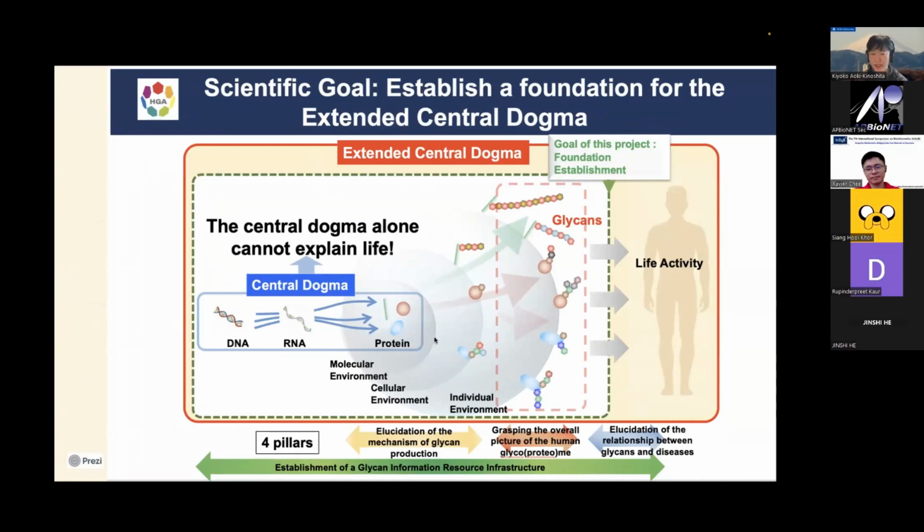Of course, there's RNA and non-coding genes and so on also involved, but this also involves glycans. So we really emphasize that we need to understand glycosylation as well to extend the central dogma to truly understand life activity. And so the 4 pillars of those segments, really to establish this glycan information resource, will help to support that.